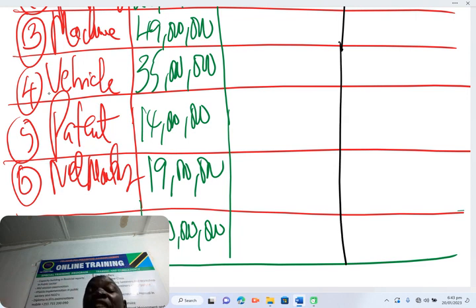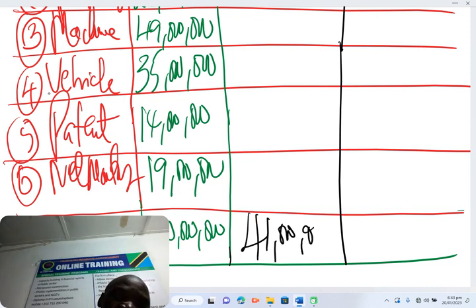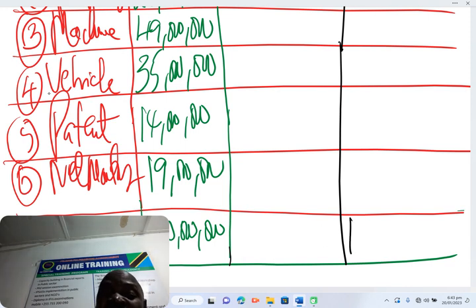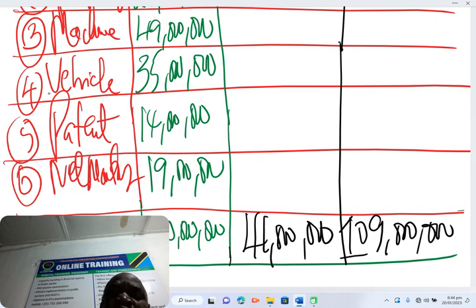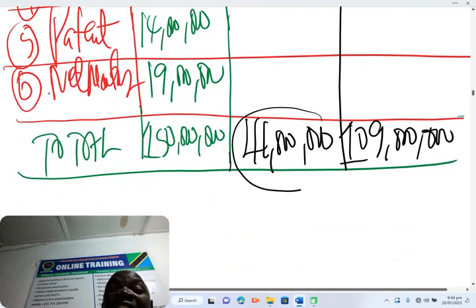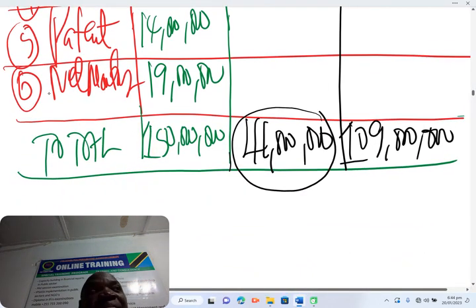From the question itself, we said impairment in total is how many? 41, isn't it? 41 million. The recoverable amount is 109 from the problem, isn't it? Now, what's impairment in total? 41. So 41 is a computed figure that is the total impairment.